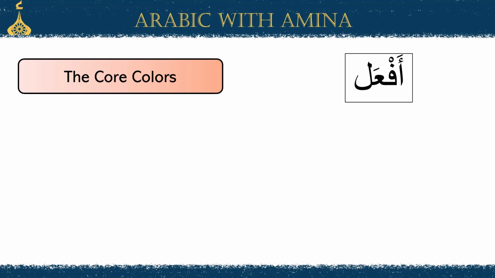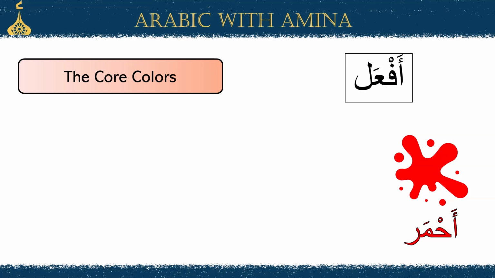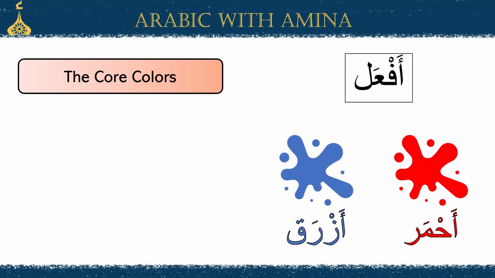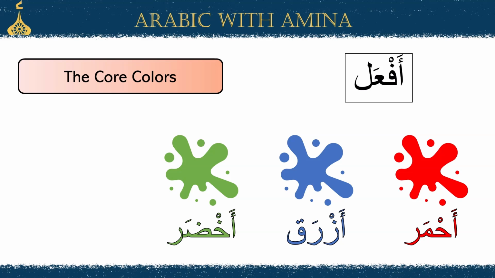We'll be looking at examples of both. A few examples would be red, أحمر, blue, أزرق. Can you see how it follows the pattern of أفعل, or the wazn of أفعل? أحمر, أزرق, green, أخضر, yellow, أصفر.